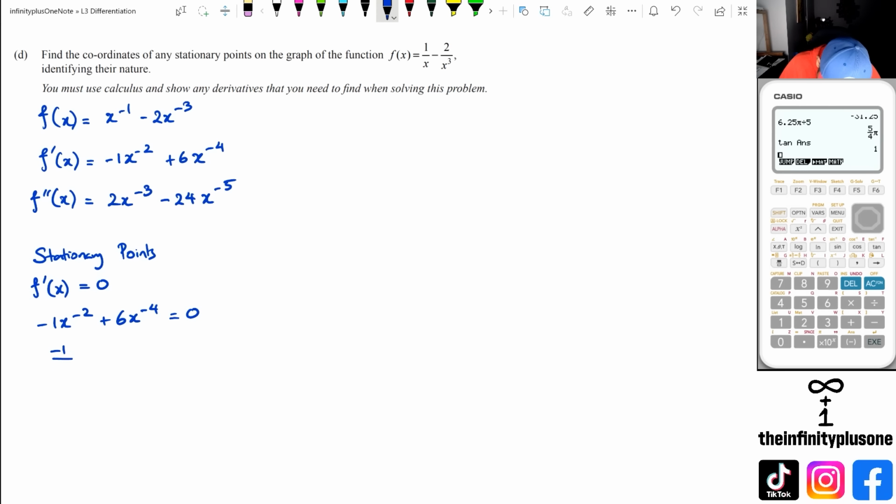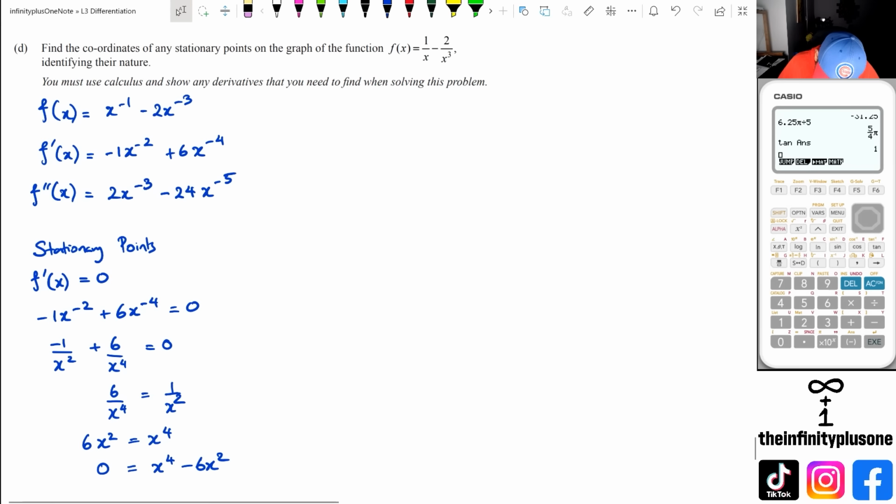Negative 1 over x squared plus 6 over x to the power of 4 is equal to 0. So I'm going to rewrite this as 6 over x to the power of 4 equals 1 over x squared. Then cross multiplying, I'm going to get 6x squared equals x to the power of 4. Then 0 is equal to x to the power of 4 minus 6x squared.